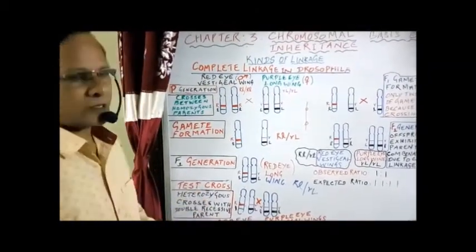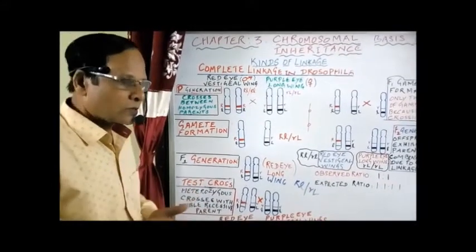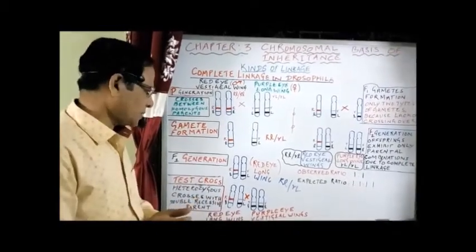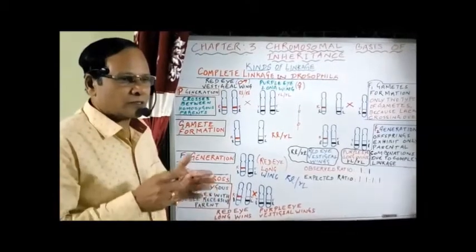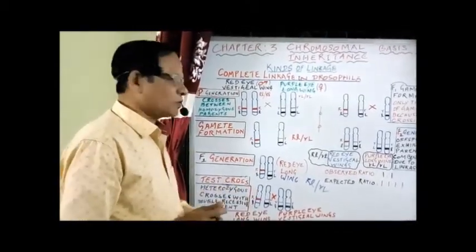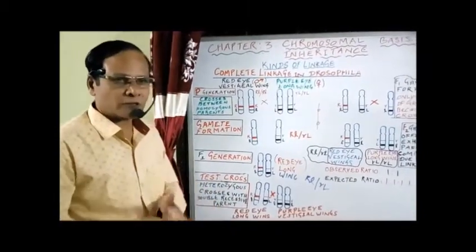Now the next one, test cross. The F1 heterozygous individuals were crossed with a homozygous pure recessive parent, or we can say double recessive parent, because it is a dihybrid cross.